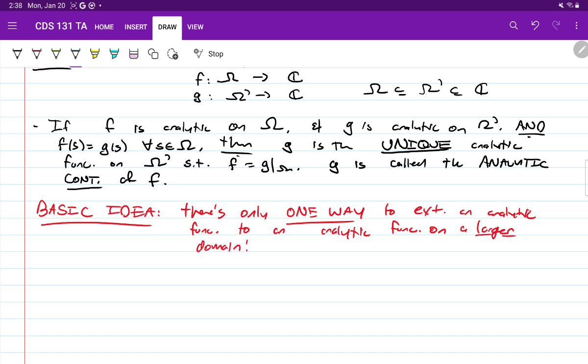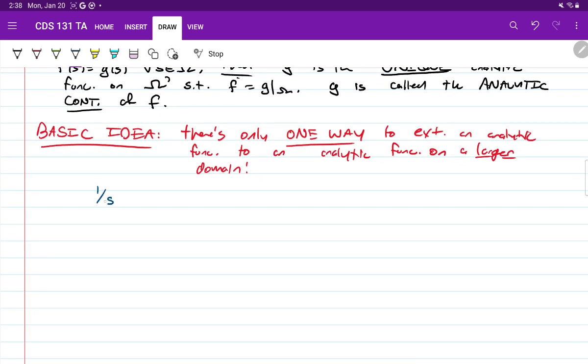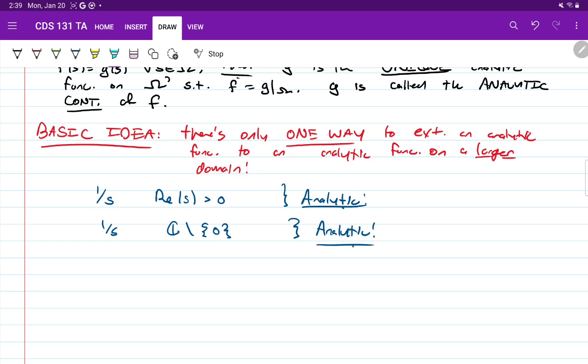So if we go back to our example of 1 over s, which we said is just defined on the real part of s greater than 0, this is analytic, this is complex differentiable. And then we take 1 over s defined on all of C minus the origin. This is still analytic, and obviously it agrees on this smaller domain with this function up here.